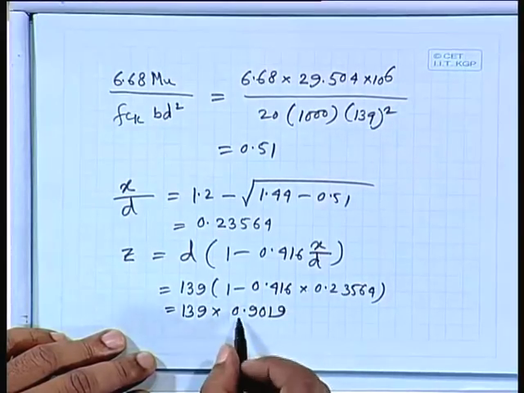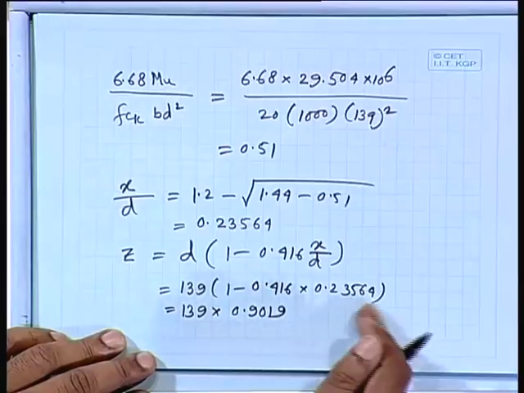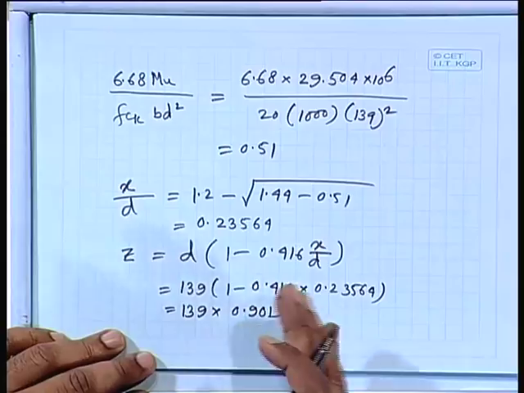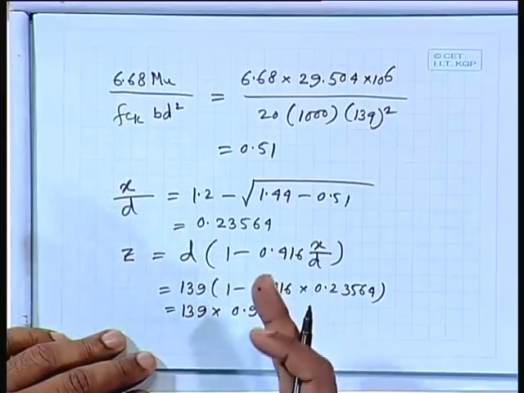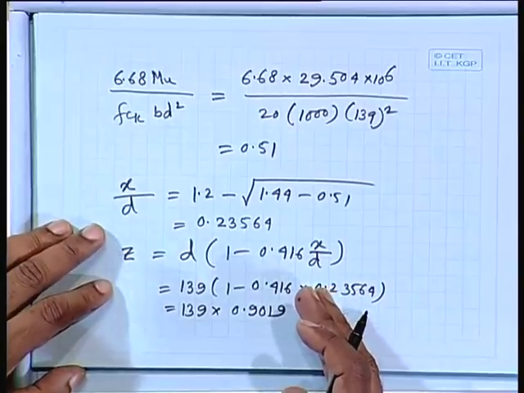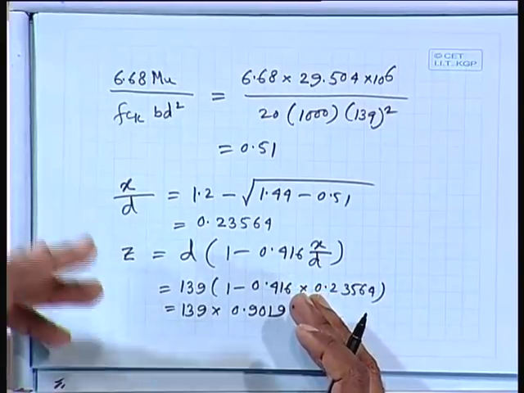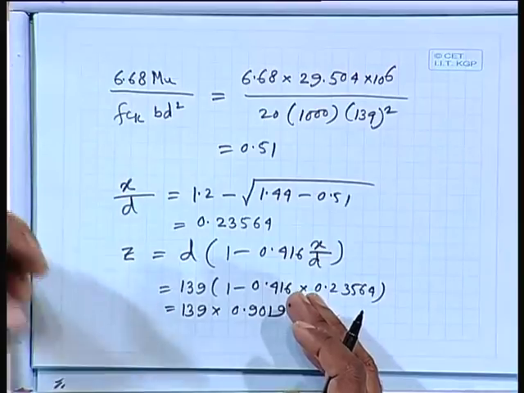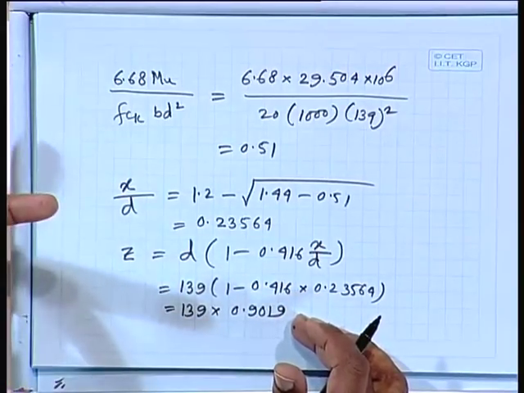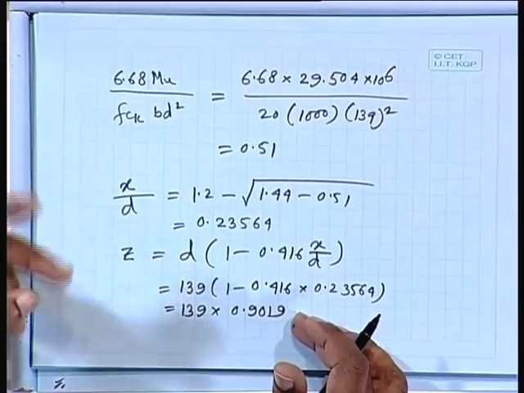0.9019. Please note that 0.9019; generally it comes as 0.85 d to 0.95 d. Sometimes if we do not know that, say we would like to calculate the area of steel, from our experience we can take z, the lever arm, as 85% of the effective depth or 95% of it.